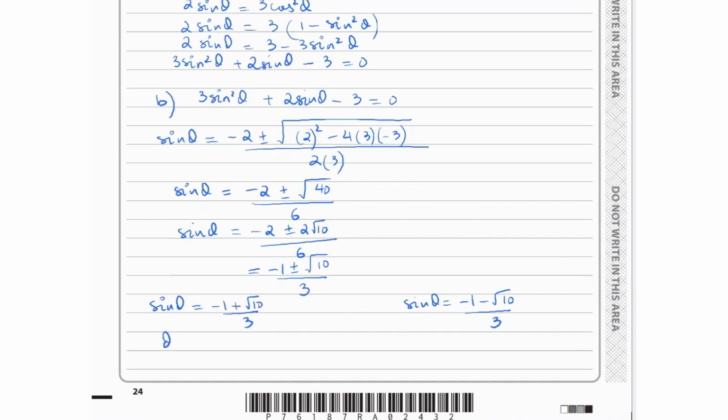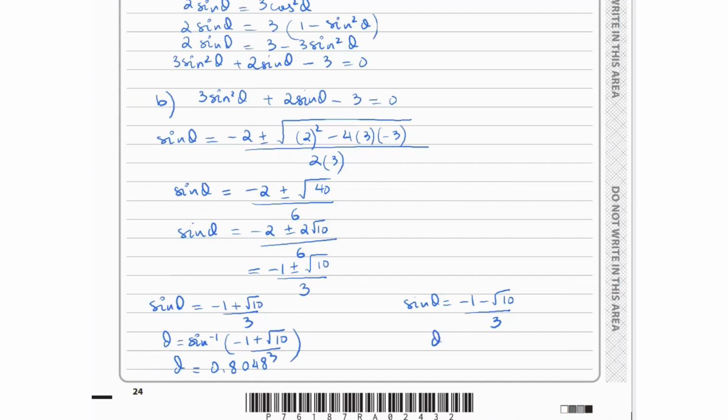So when you find sine inverse of this, that gives us a value of 0.8048.